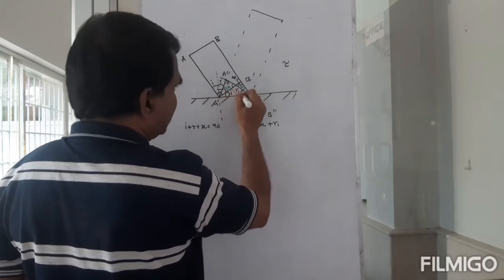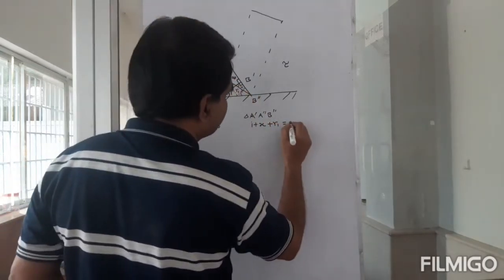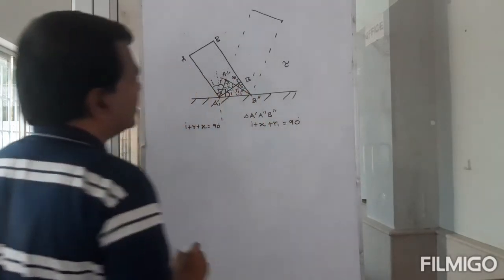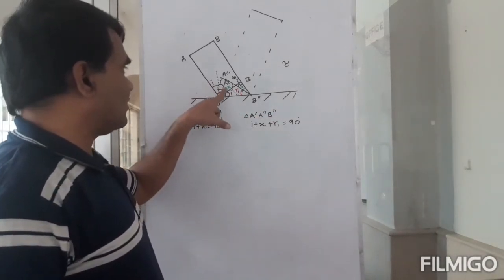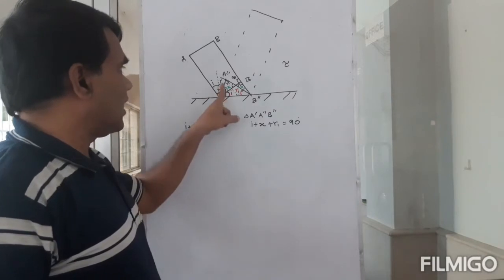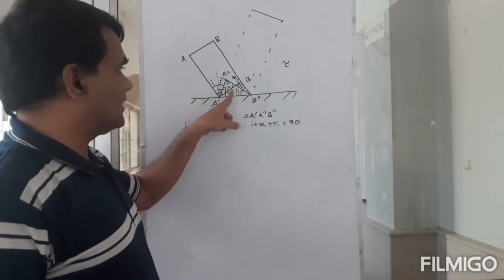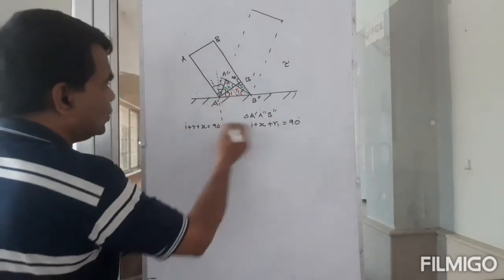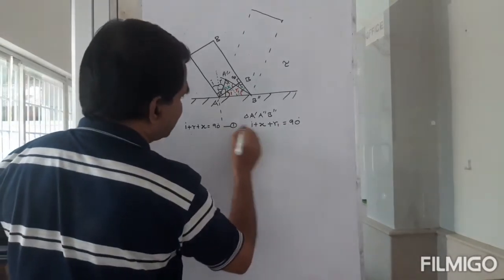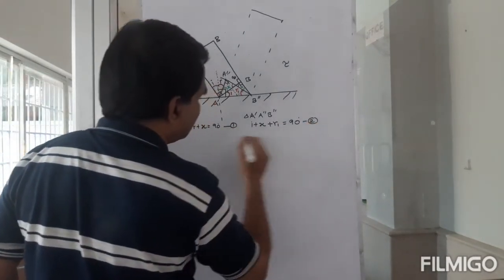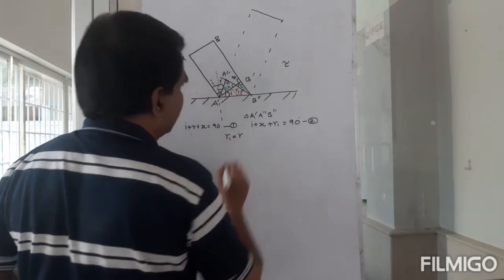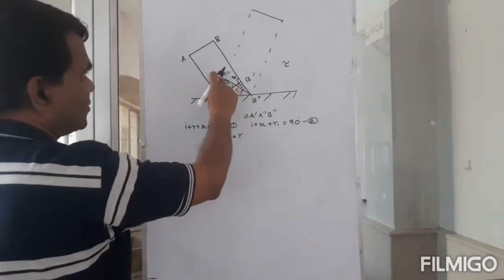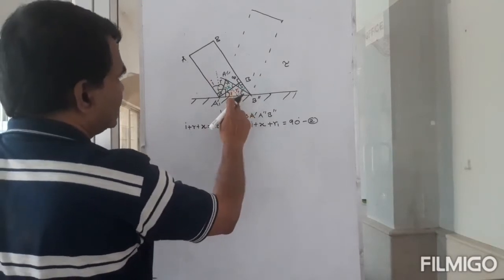I plus X plus R1 is equal to 90 degrees. Compare this: I plus R plus X is 90. I plus X plus R1 is 90, which means if we take this as 1, if we take this as 2, then R1 must be equal to R. So this R1 must be equal to this R. So I will remove this.